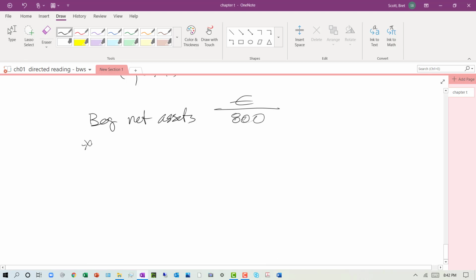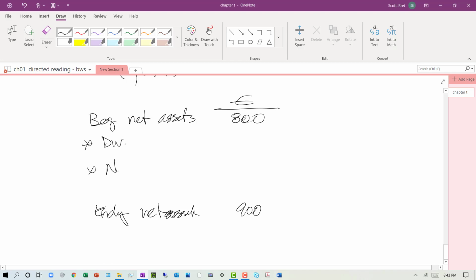There was some stuff here, there was some stuff here, and we have ending net assets, 900. We know they've increased, but why have they increased? Well, they've changed, let's say, because of dividends.